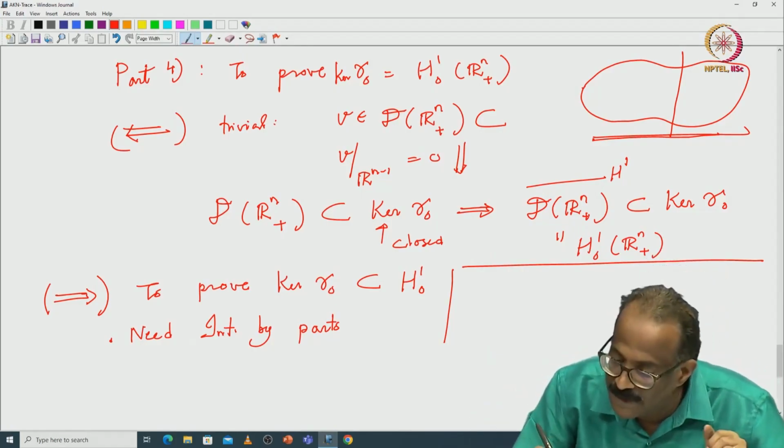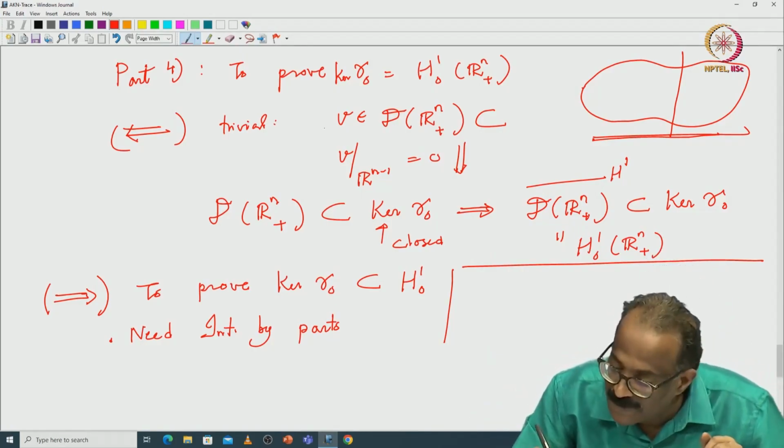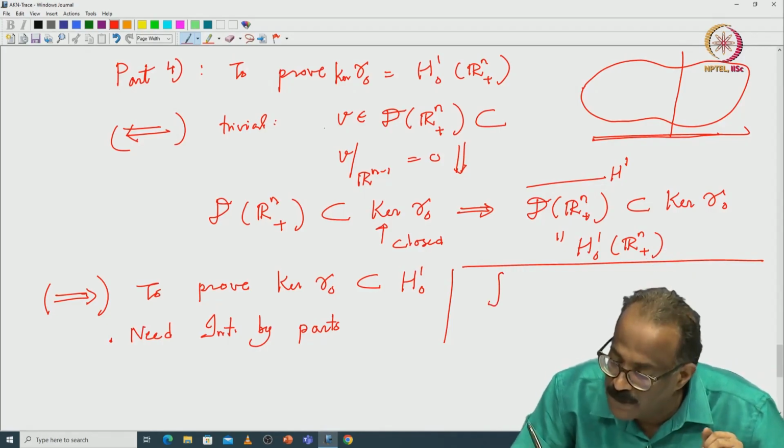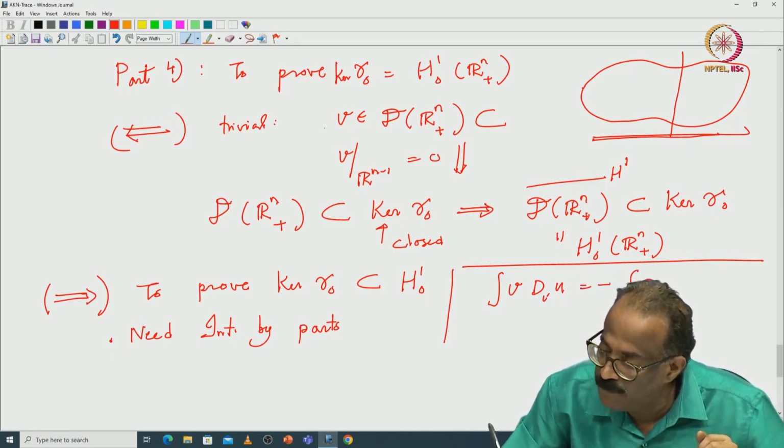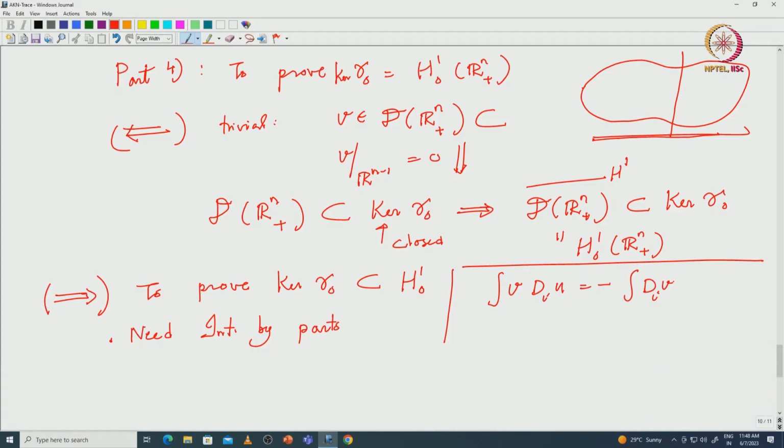So, from the trace theorem, the integration by parts formula is: the integral of v d_i u is equal to minus the integral of d_i v u, for all u, v in H^1(R^n_+). This is the trace theorem you have proved. I am writing this specifically for 1 less than or equal to i less than or equal to n minus 1. There is no boundary term.